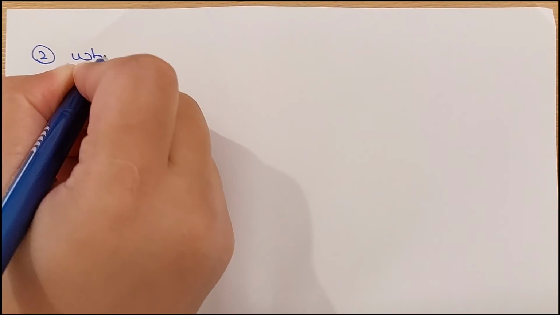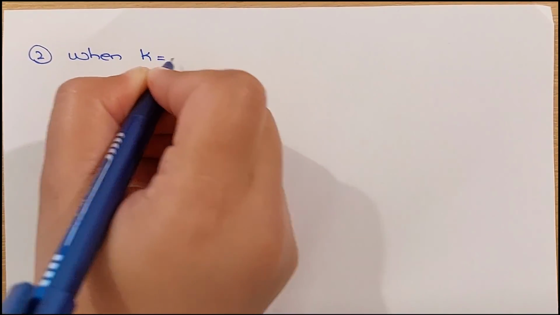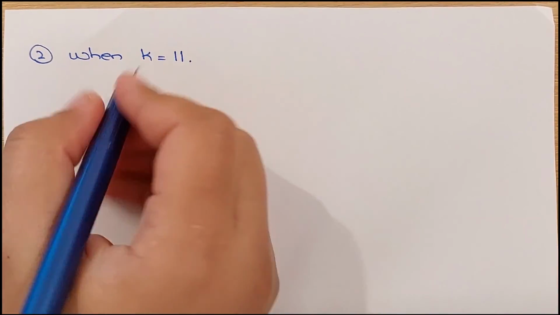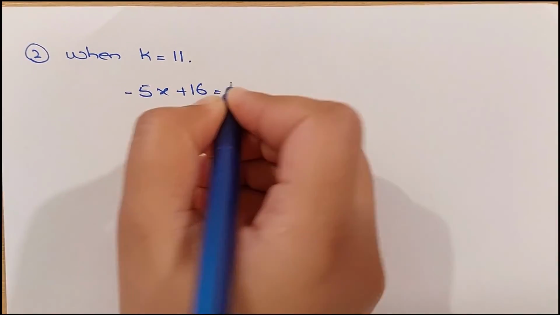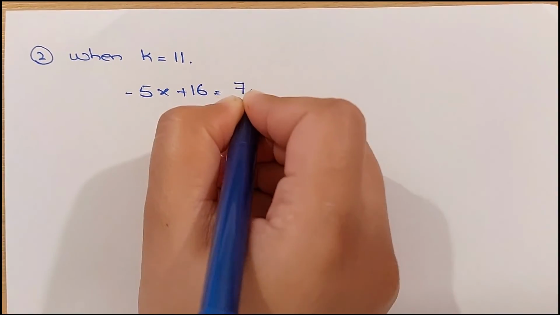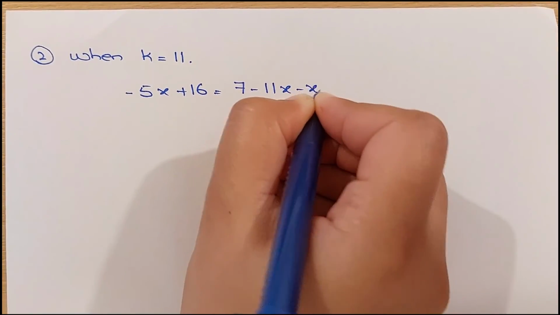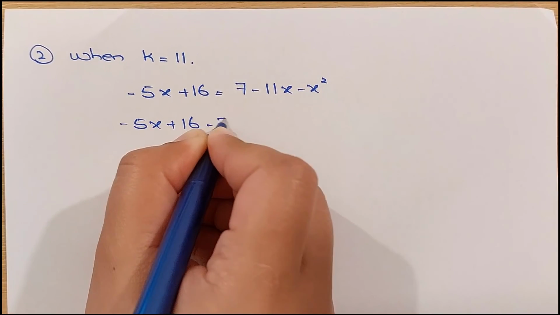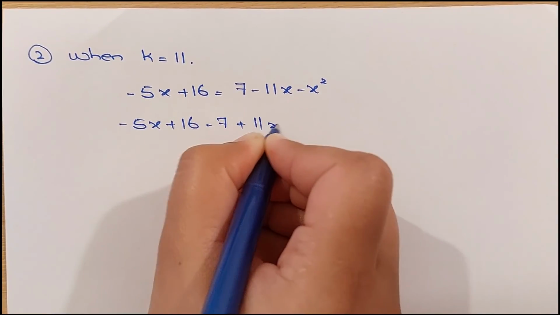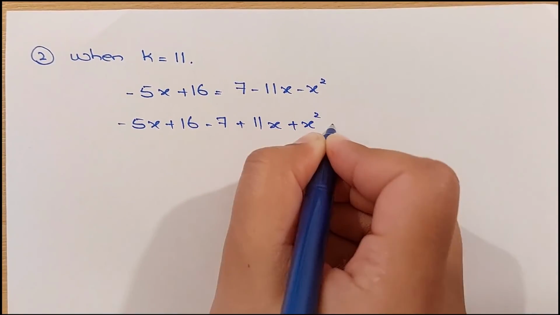Now for case 2, when k equals 11, the equation of the tangent is minus 5x plus 16. This equals the equation of the curve, that is 7 minus 11x minus x square. Okay, so minus 5x plus 16 minus 7 plus 11x plus x square equals 0.